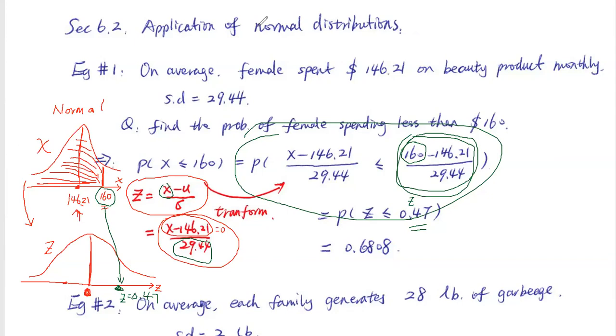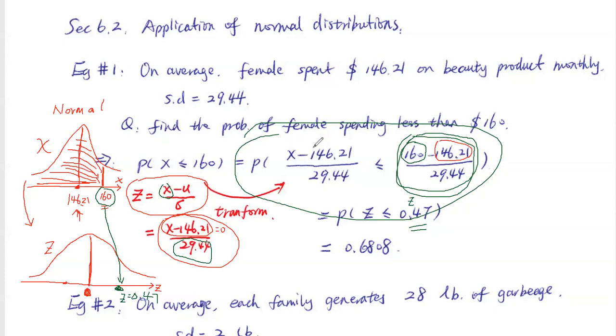The one that we are using here is the one that we want to find out the corresponding number for the 160. I don't want you to get it confused with this 160 here. Let me try to draw this. 146.21, you know where this is coming from? That's the average.